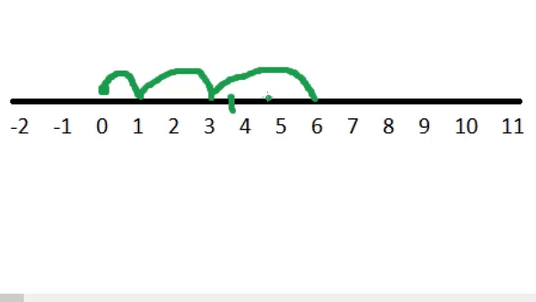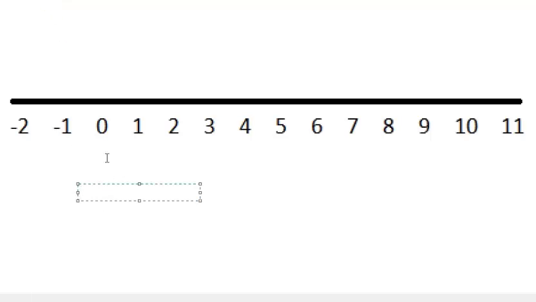The next time, 4 positions. And if it jumps the next time, it's going to move 5 positions, so it's going to go way longer than 11.